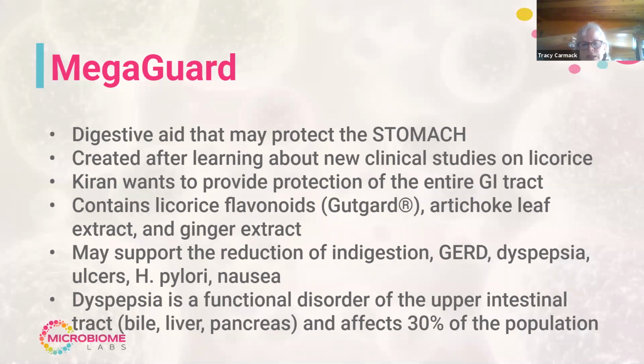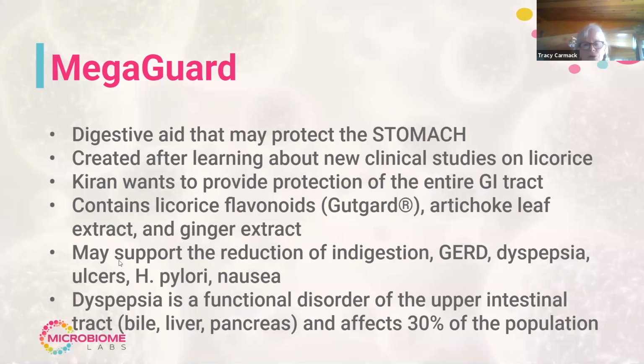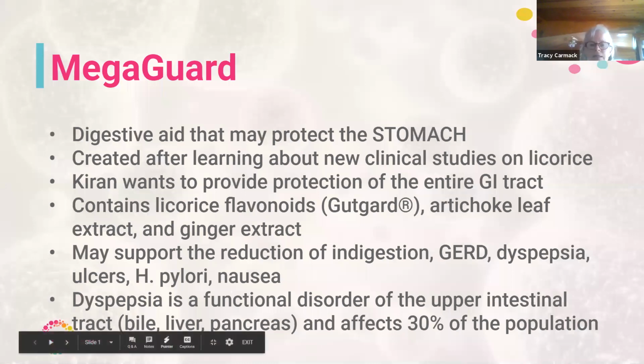These are very well established products, and they're at the clinical dose that is necessary that matches the study or the drug. You'll find that that's not always the case out in the market. We're recommending this product for indigestion, GERD, dyspepsia, ulcers, H. pylori, and nausea. Dyspepsia is a functional disorder of the upper intestinal tract, involves the bile, liver, and pancreas, and affects 30% of the population.